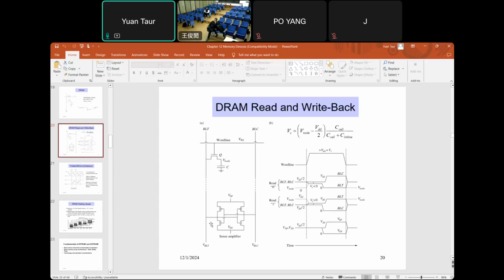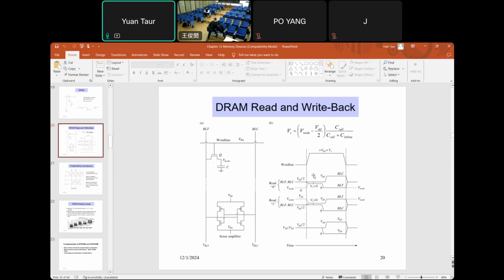So with this kind of sense amp, it accomplishes the write back operation when the bit was destroyed due to readout, but you write back with the full 0 or VDD by the sense amplifier action.